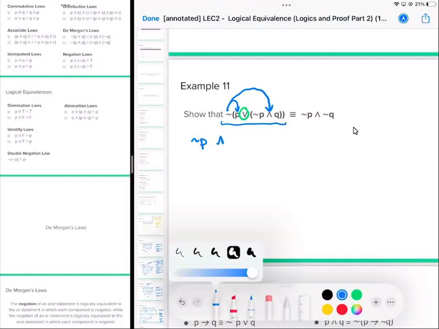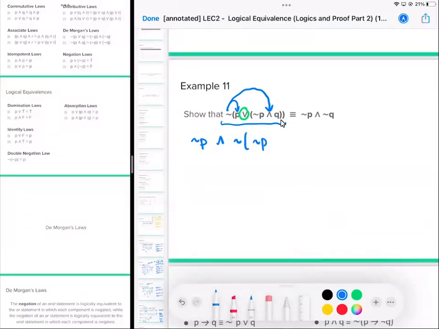And now we have the negation to this whole not P and Q. So we have the not of (not P and Q). Now we have the not P, and then this negation operator can further be distributed to our individual factors.